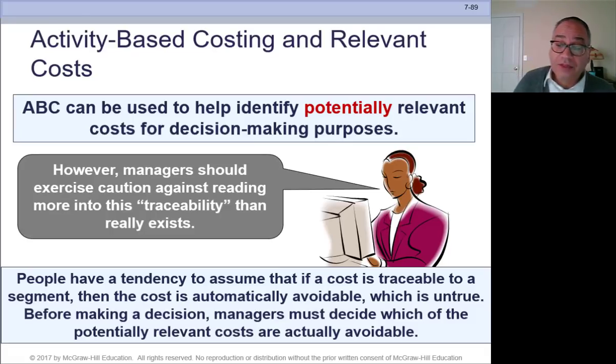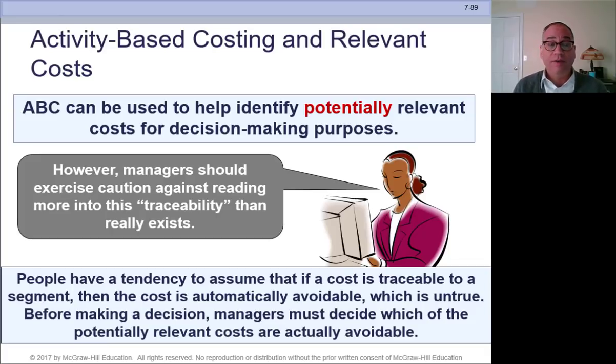And this is especially important when you're dealing with service businesses and selling and administrative expenses, because traditional cost accounting tends to emphasize manufacturing costs, whereas activity-based costing is much more flexible and inclusive in that it also talks about selling and administrative costs.